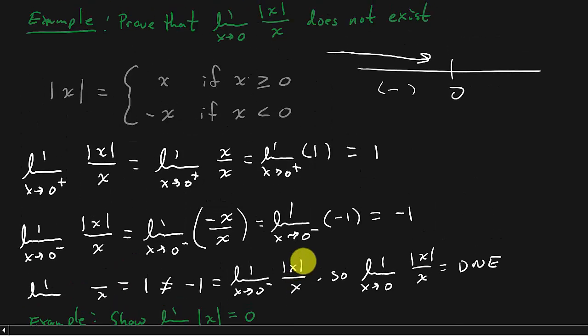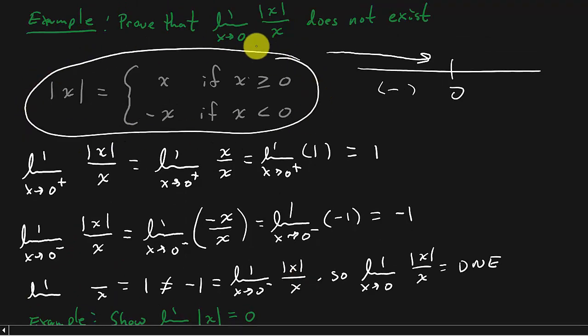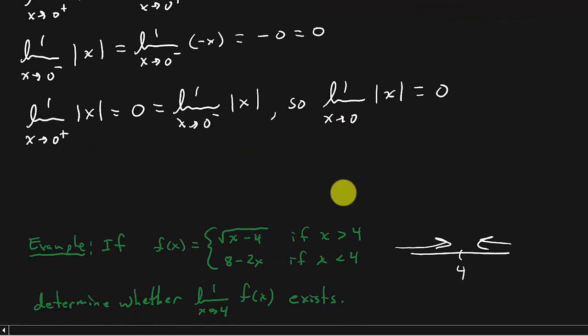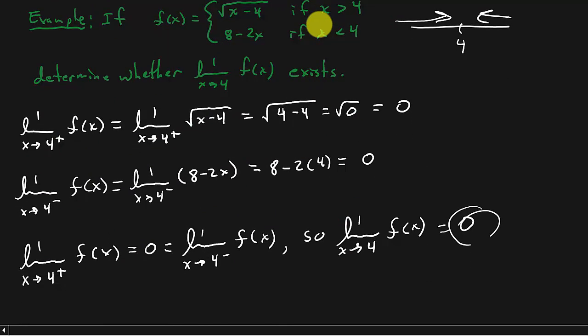Don't forget about this right here. And then remember, you may have to show that the limit from the left and the limit from the right are the same in order for that limit to exist. And if they're not the same, then the limit does not exist.